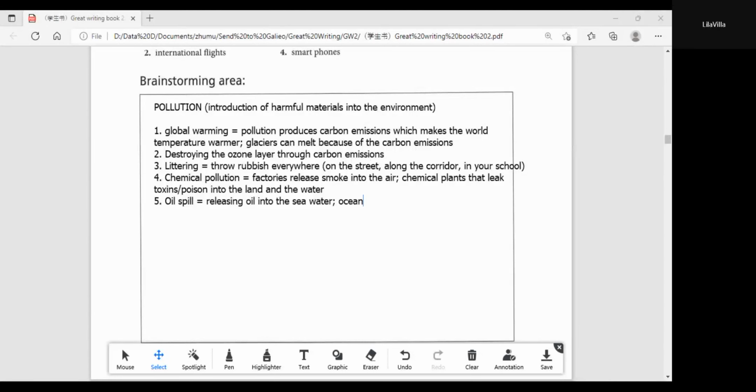Okay, and it will pollute the ocean. Yes. Ocean pollution. There are a lot of ways you can do this. It's like throwing trash, rubbish, into the beach, right?